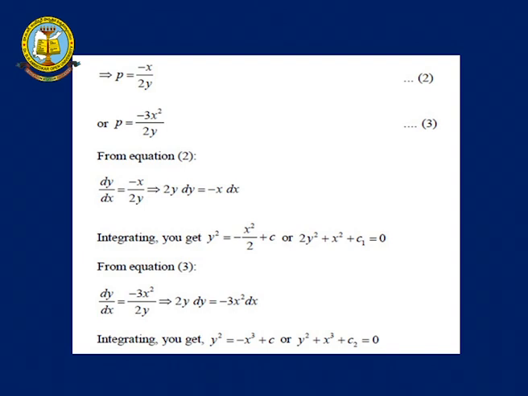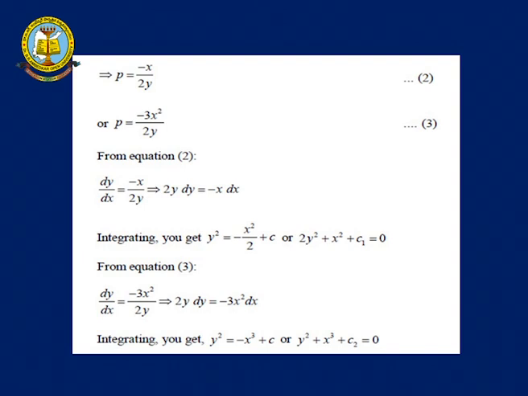Now, let us see from equation 3. Equation 3 is p equal to minus 3x square by 2y. So p equal to dy by dx, so dy by dx equal to minus 3x square by 2y. Now, using variable separable, we get 2y dy equal to minus 3x square dx. The integration of y dy is y square by 2, and the 2 gets cancelled.